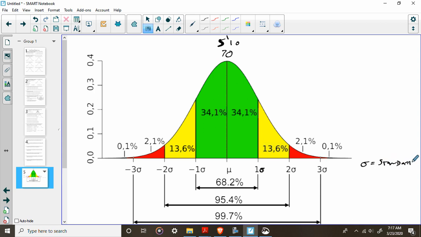Standard deviation is a set number away from your mean, or your mean, your median, your mode all together. We just call it the mean when we're dealing with this.